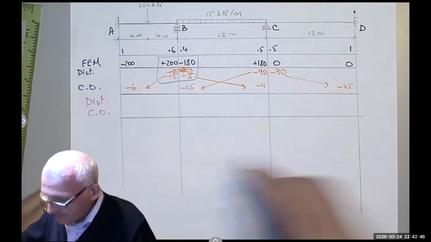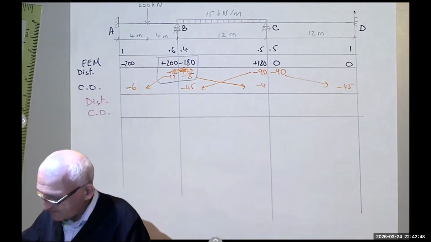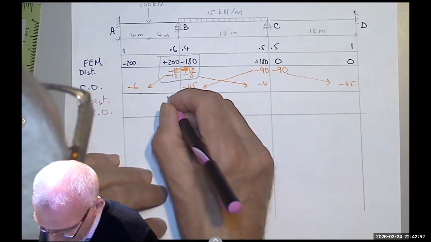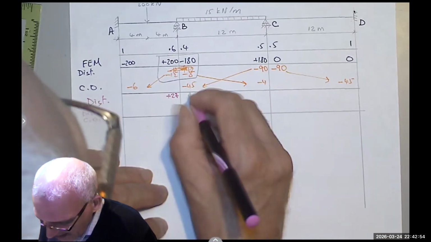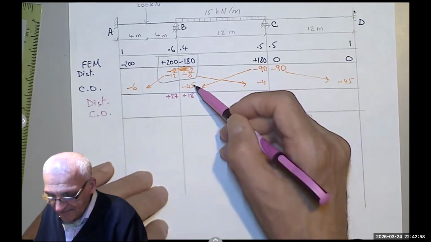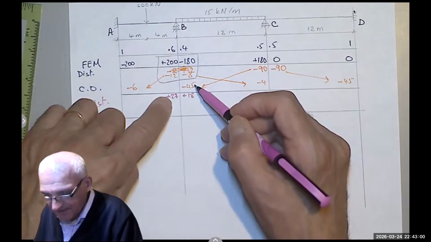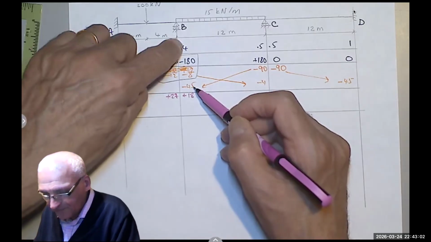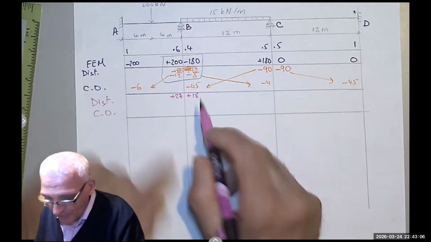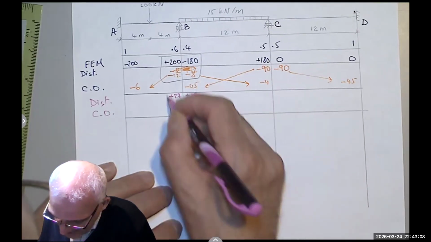Okay? 60% is 27. But it has to be positive. I say positive 27 and positive 18. Notice 45 times 0.6 is 27. 45 times 40%, is 18. And both of them are positive. So when I add them up, I get 0.